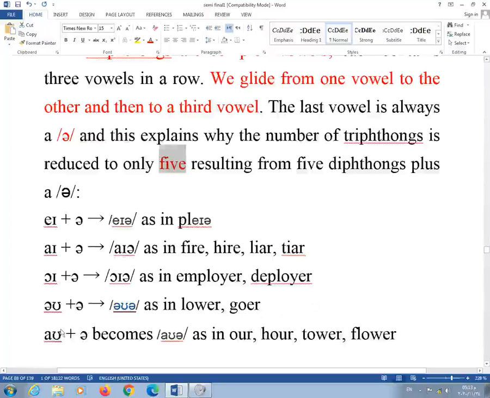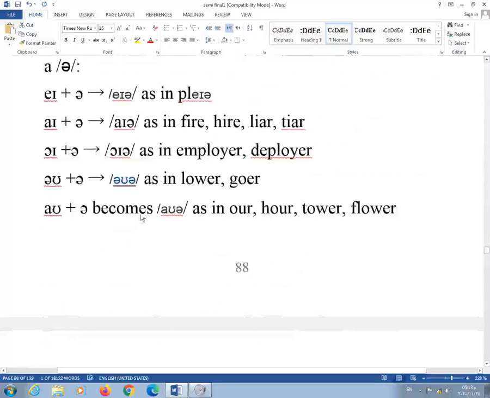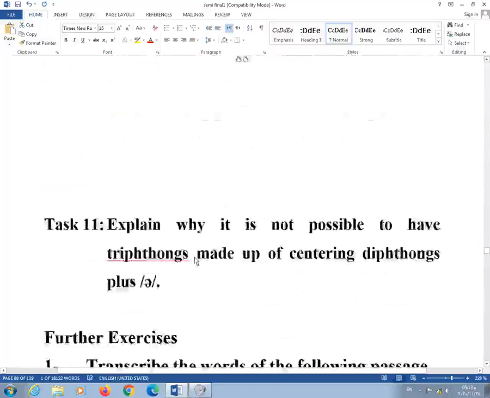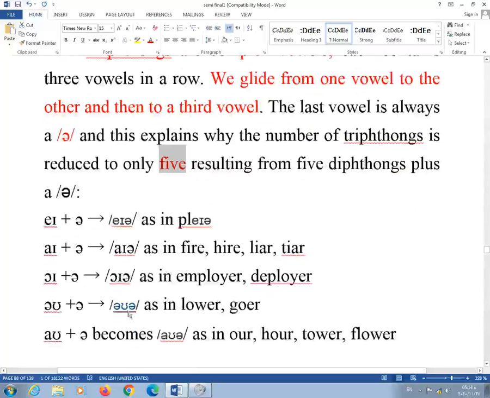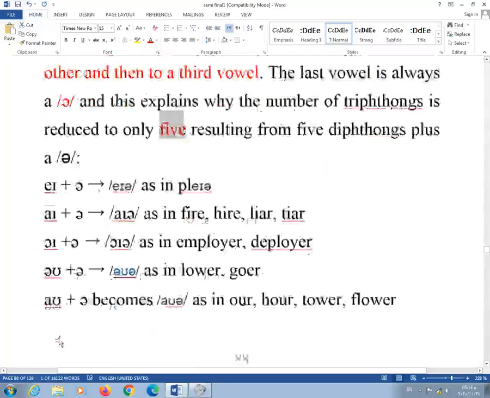OW plus schwa becomes hour, as in hour, tower, and flower. Okay, so let's read them again. A plus schwa. I plus schwa. OI plus schwa. O plus schwa, ower. OW plus schwa, hour.